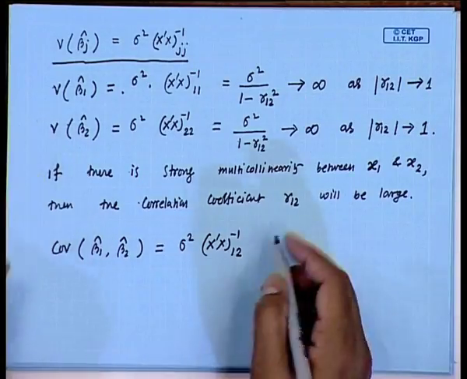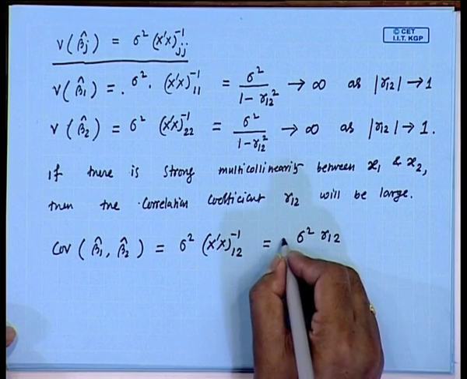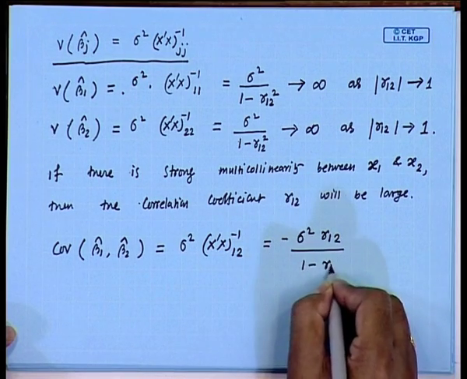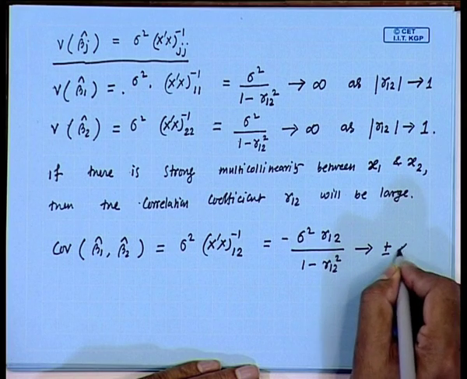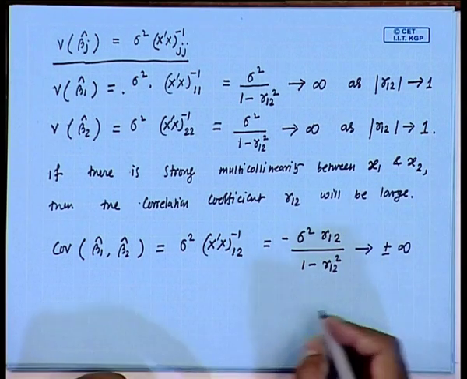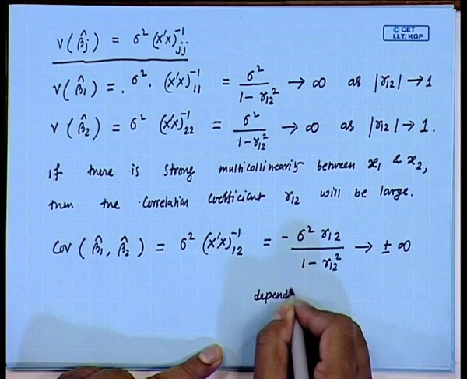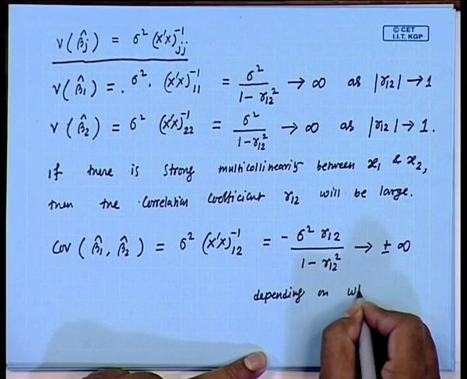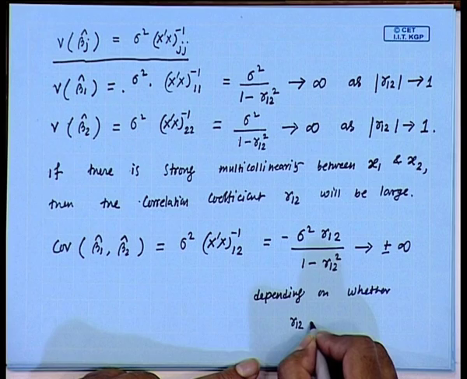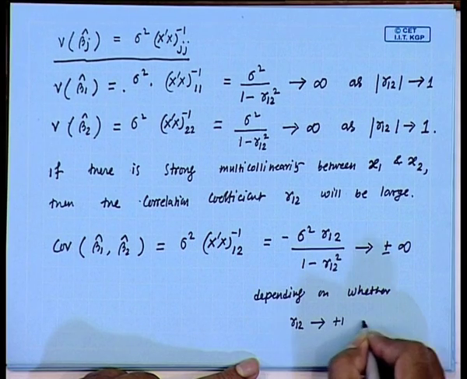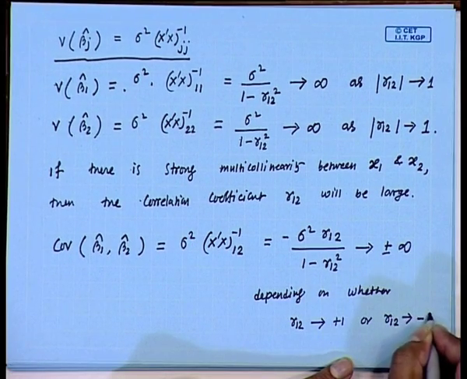So, this one is going to be sigma square R12 by minus 1 minus R12 square, and this also tends to plus or minus infinity depending on whether R12 tends to plus 1 or R12 tends to minus 1.